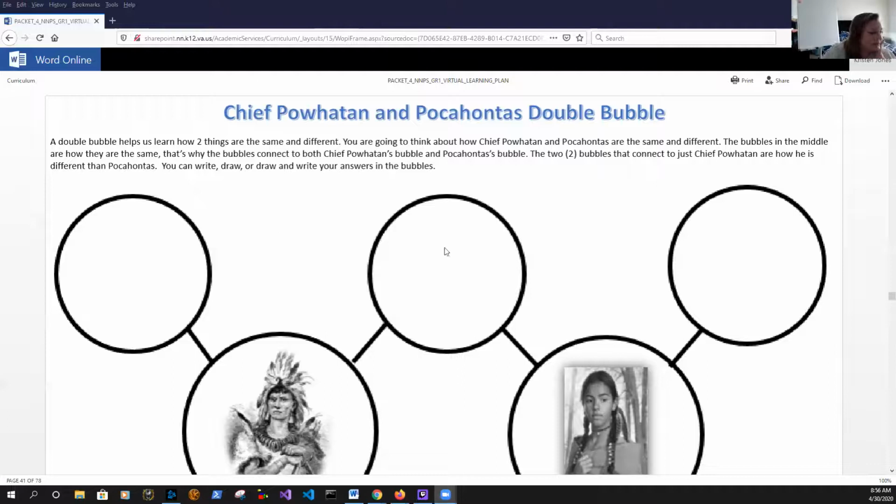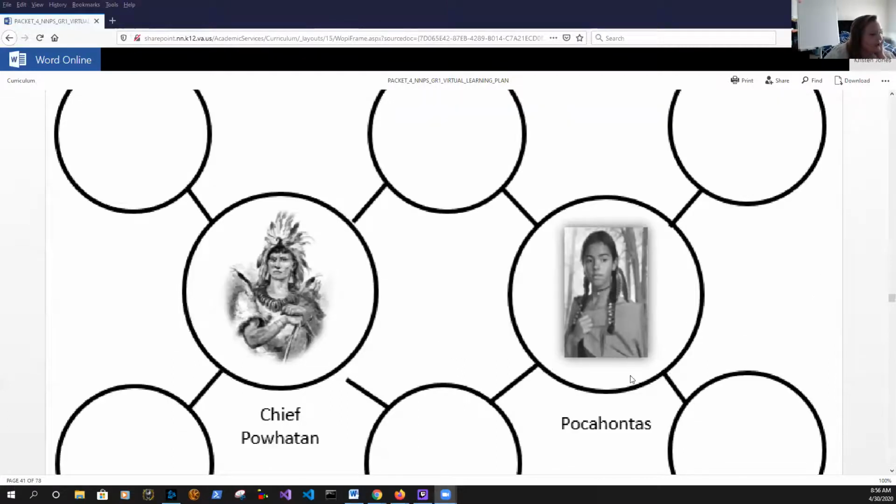So what that means is we've got Pocahontas here and Chief Powhatan here. These bubbles right here on the inside, you see how they're connected to both Pocahontas and Chief Powhatan? In these two bubbles, you are going to write things that are the same for Pocahontas and Chief Powhatan, something that they have in common.